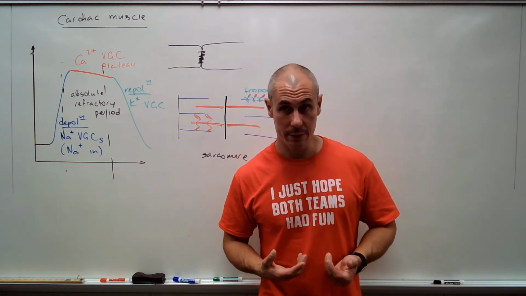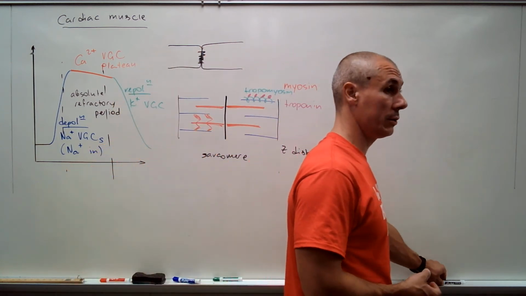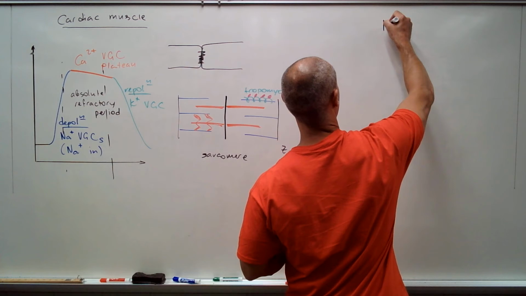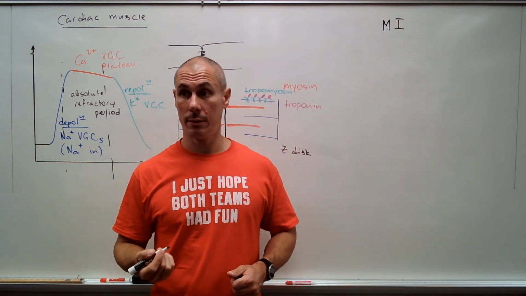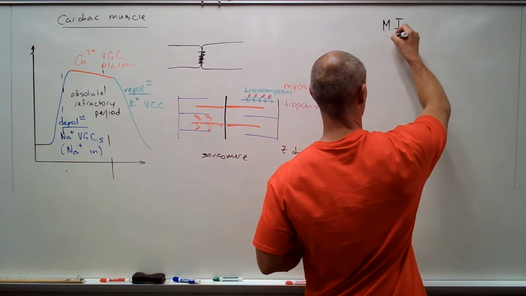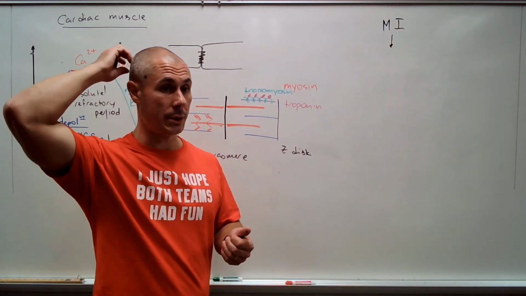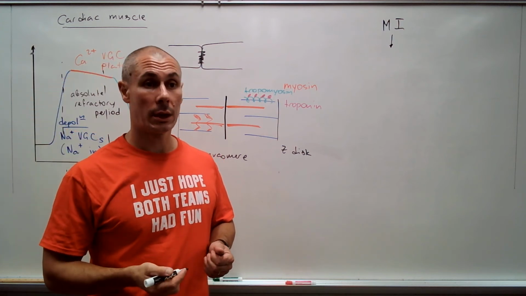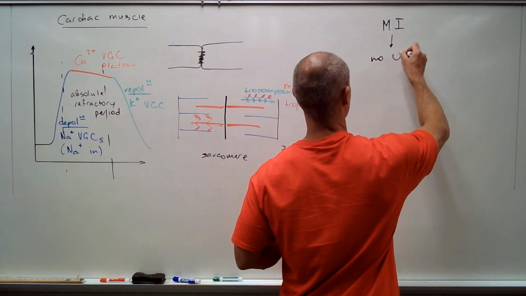Now, what happens if there is a myocardial infarction, MI? Blood flow to cardiomyocytes is blocked. So, if blood flow is blocked, do cardiomyocytes get oxygen? So, no oxygen available.